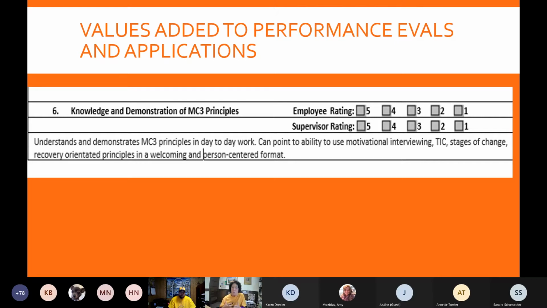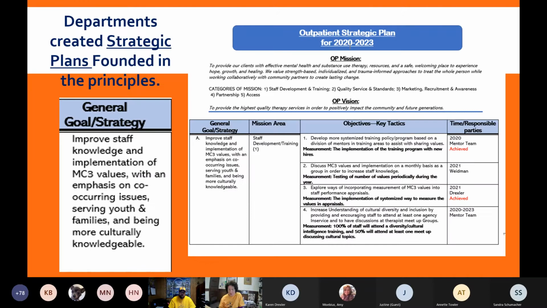We want to acknowledge employee progress, because employee progress is our progress as an agency. Like I said before, we cannot do this on our own. I cannot do this on our own. So it takes all of us to constantly be working on values. We ask on our job application and on our intern application, are you an MC3 change agent? And so when we get those applications, we give priority to MC3 change agents.